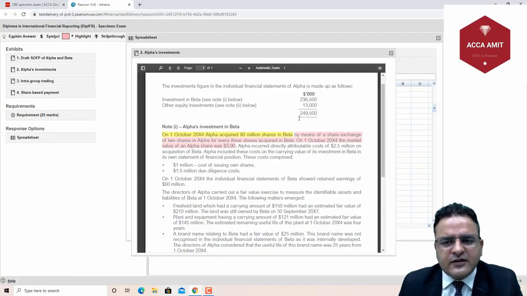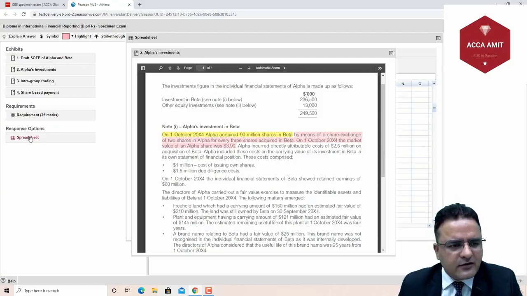But they have actually capitalized this 2.5 million as part of 236,500. So if I remove 2.5 million from here, the remaining value turns out to be 2,34,000. So the fair value of these shares should be equivalent to 2,34,000.